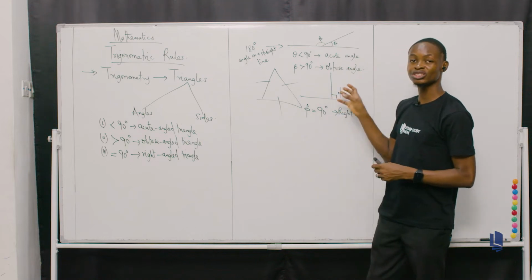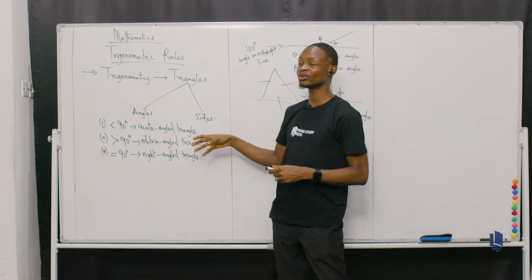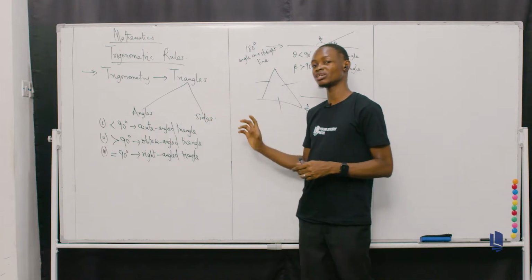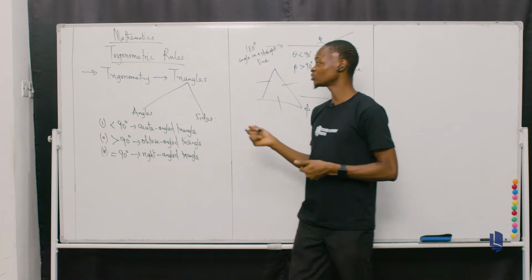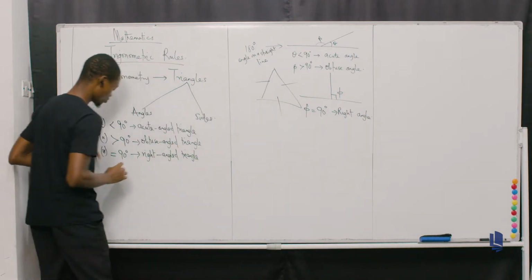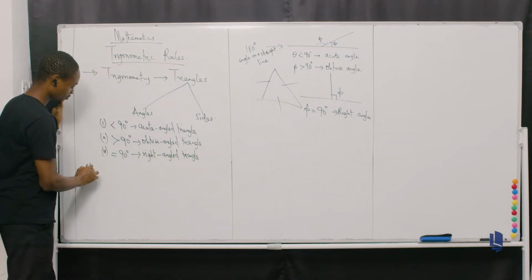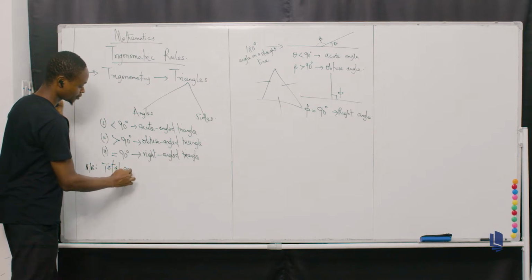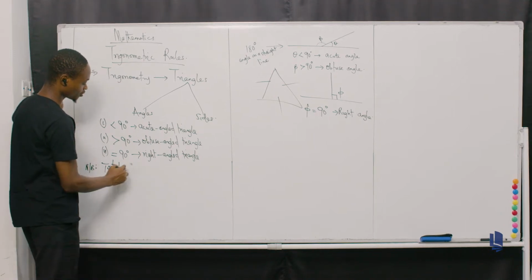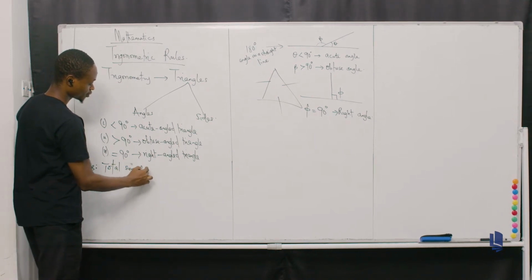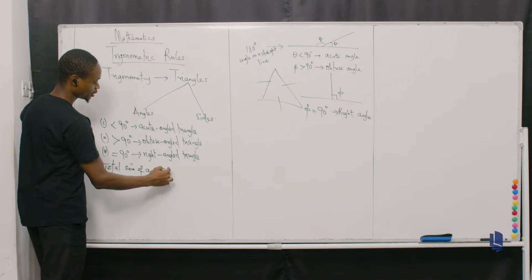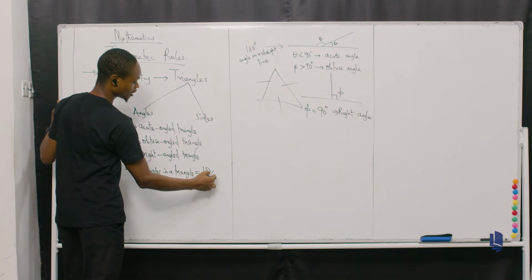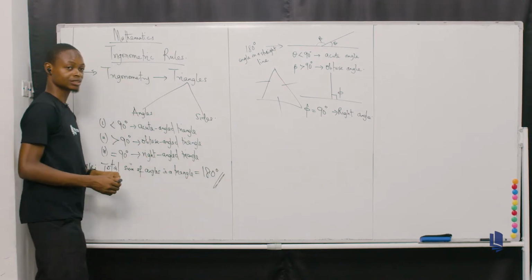So building on the concept of these angles, we can also talk about the triangles and their classification based on the angles. Now, why can we do this? This is because the total sum of angles in a triangle is exactly 180 degrees, right?